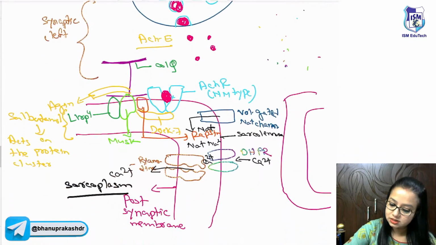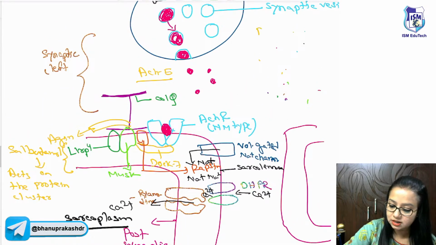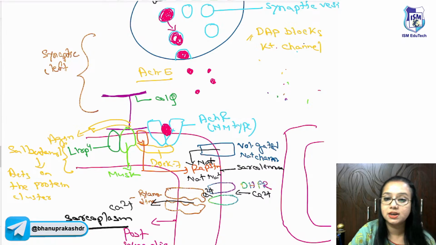Here, diaminopyridine blocks potassium channel.